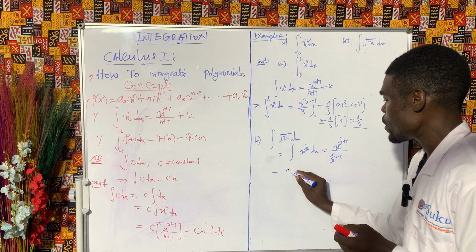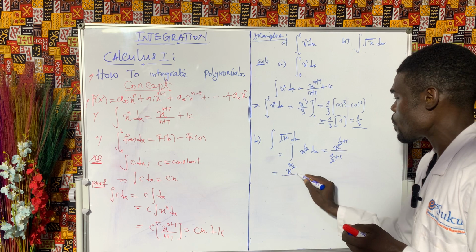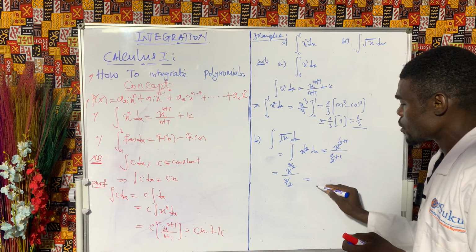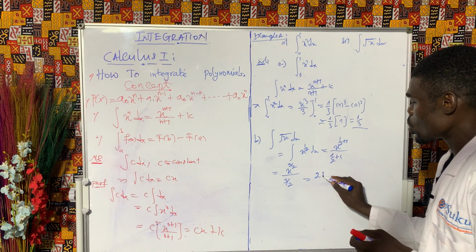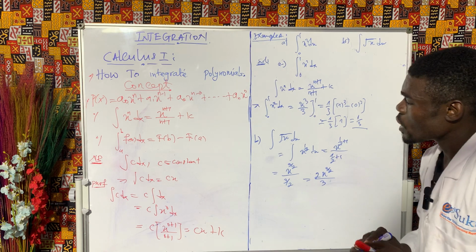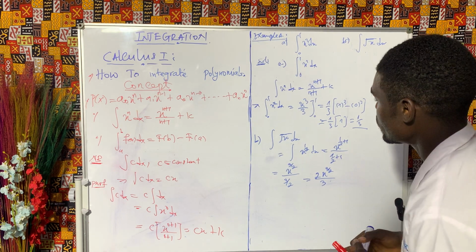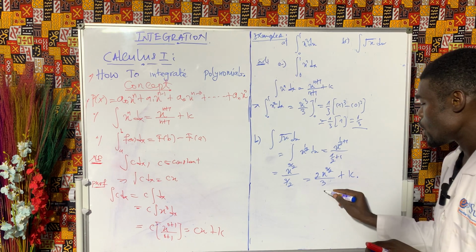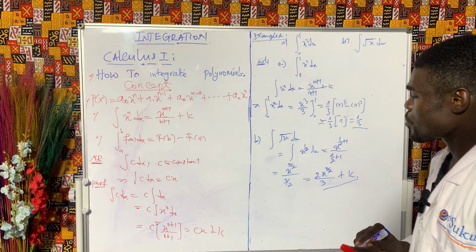Algebraically, we have x to the 3 on 2 divided by 3 on 2. Then again, we can recognize by basic algebra 2x to the 3 on 2 over 3.